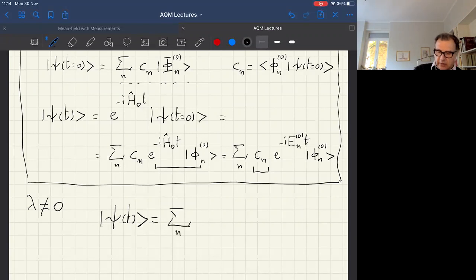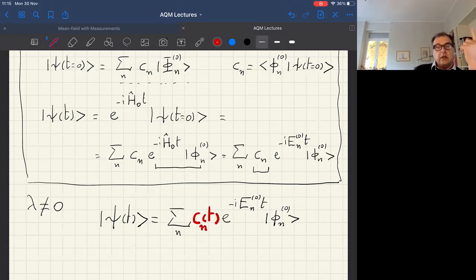In particular, we look for a solution of the time dependent Schrödinger equation in a similar form. The only thing which changes is that now the coefficients are not anymore numbers, but are complex numbers dependent on time.